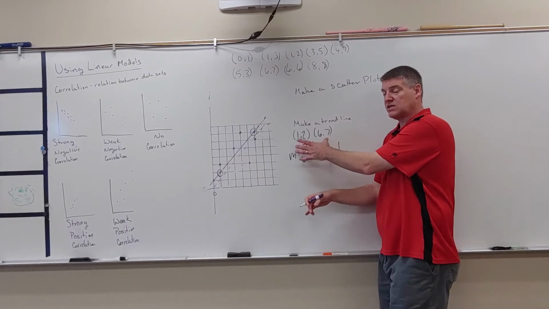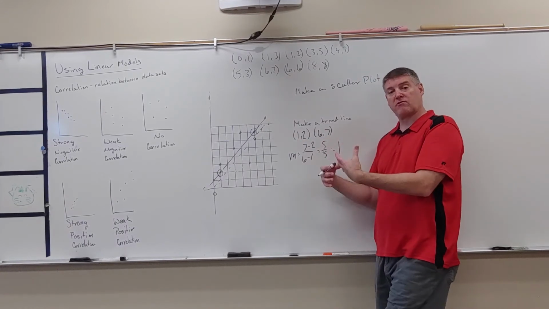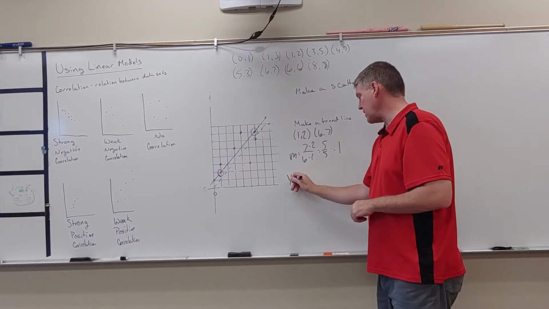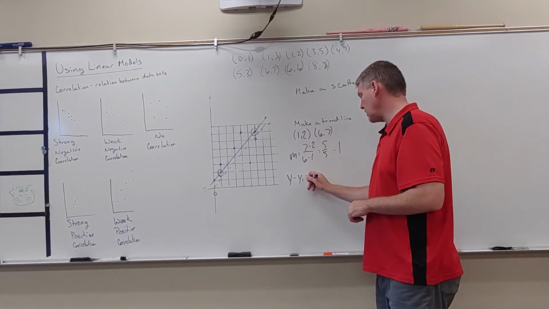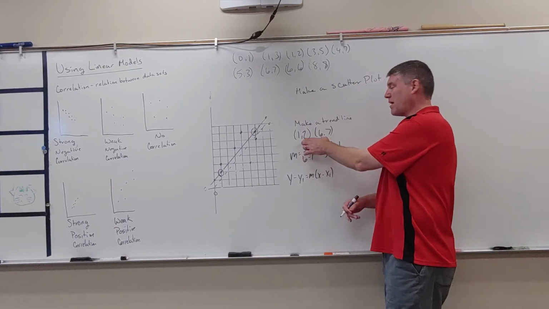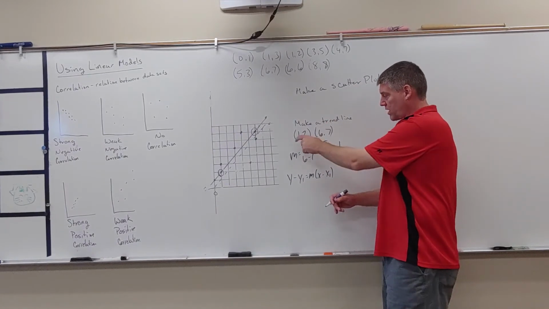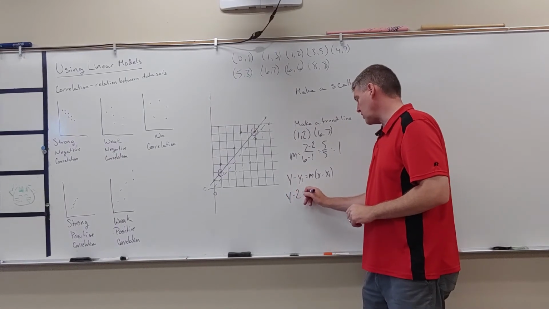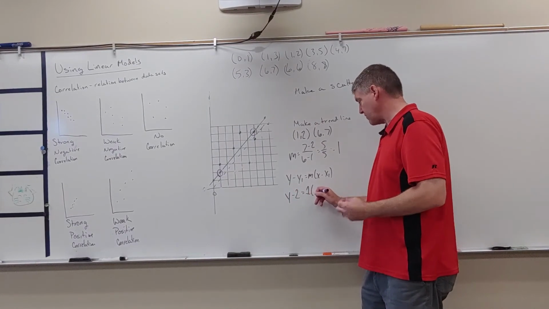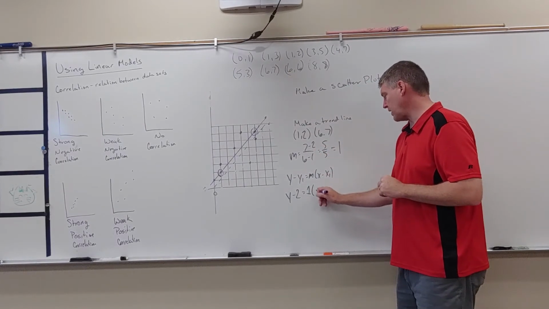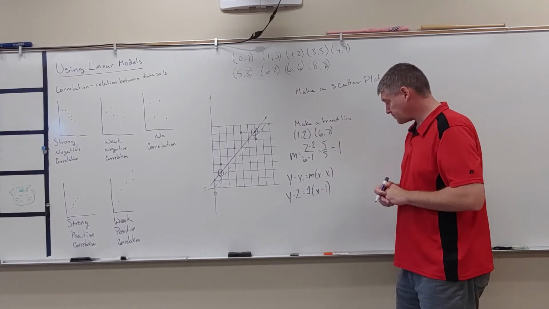Now, if you remember from the previous lesson, we're going to use point slope. y minus y sub 1 equals our slope times x minus x sub 1. It doesn't matter which point you pick. I'm going to pick this one. y minus 2 equals, I'm going to write in my slope here, even though it's 1, just so you guys can see it, x minus 1.